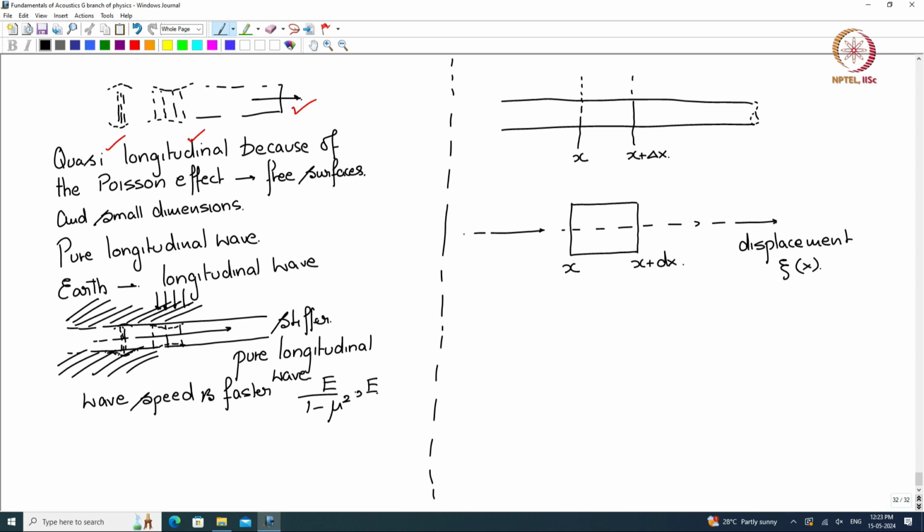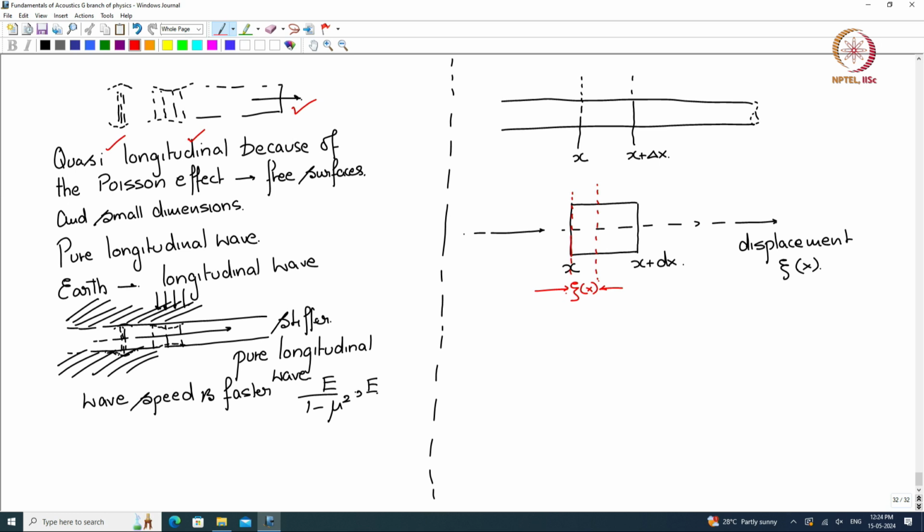So, now as the wave moves, let us say this left face at x moves towards the right, and that movement is xi of x. It has moved by xi of x. Okay.